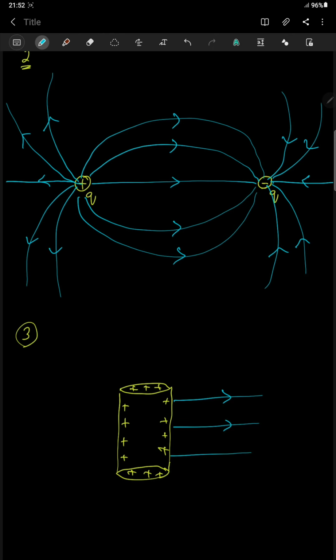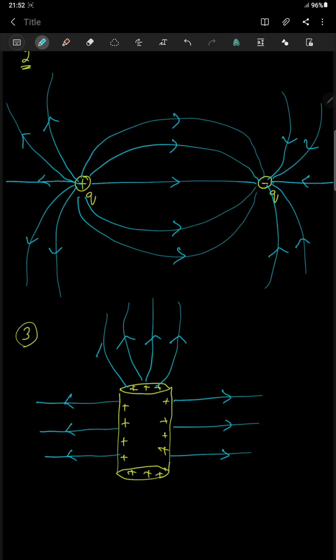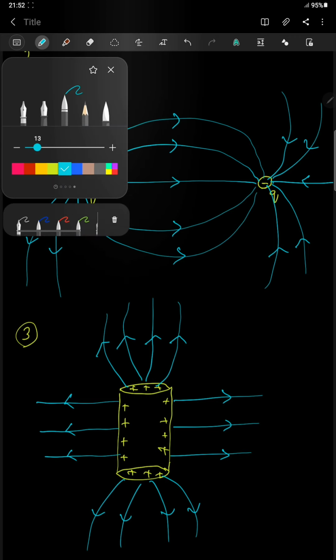Your electric field lines will be like this, and remember all the time it has to be symmetric. Now what about this one? Here you will see in this manner, coming out like this. What about here? It will be in this manner. So this will be my electric field lines for a cylinder when the charges are distributed over the surface.